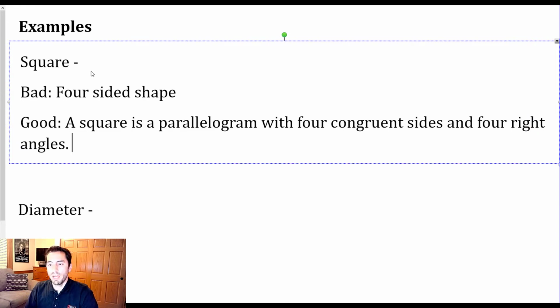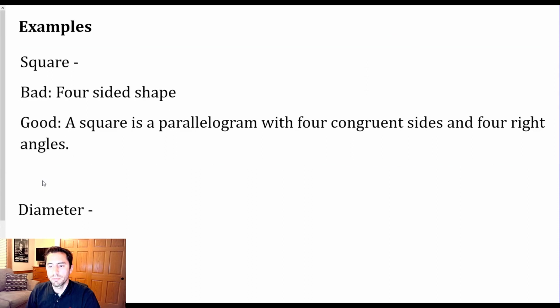So that includes everything we need to describe a square. A parallelogram is a special type of quadrilateral, something we will talk about. And then it also includes everything that makes a square a square. Four congruent sides, all four sides are the same length, and four right angles. Okay? So hopefully that difference makes sense there.